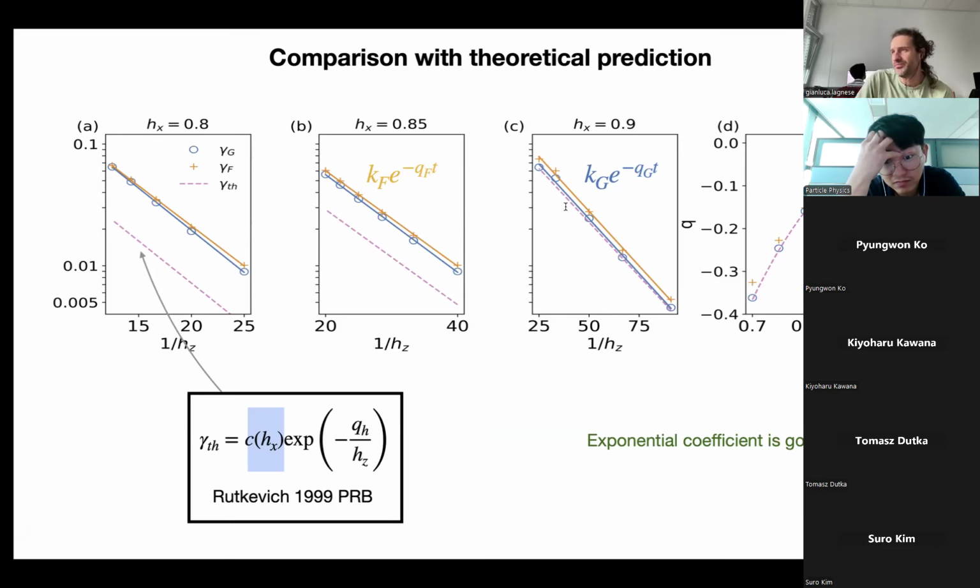So the good thing is that we have a nice overlap of what we can extrapolate by assuming this functional form from this fit, and comparing with this, which is the theoretical prediction. It's well aligned, but the prefactor is a bit off.